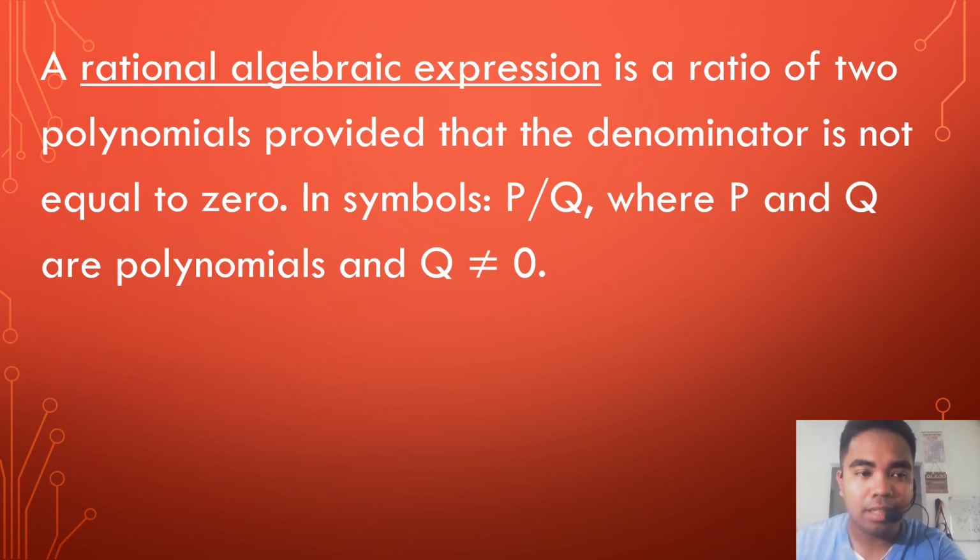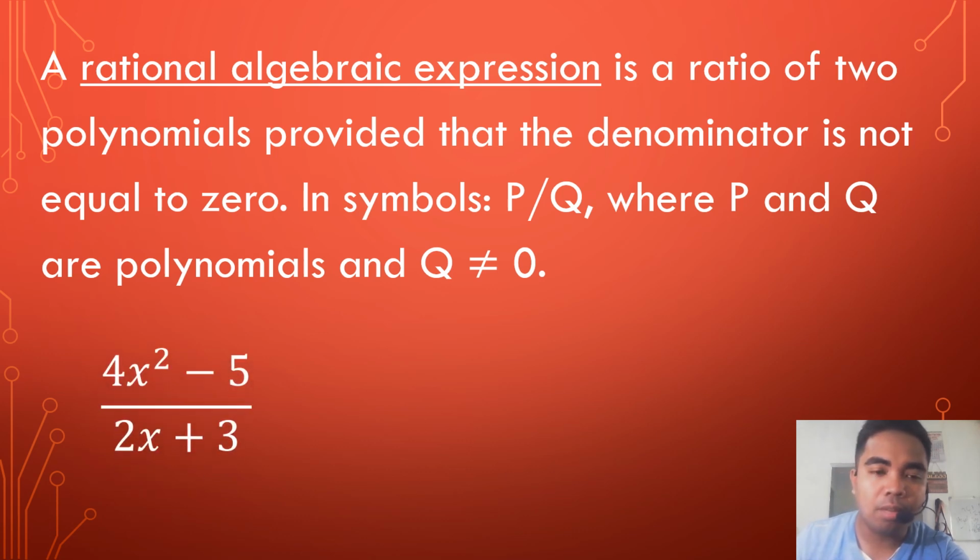Yan po ang palagi nating tandaan to easily identify if the certain expression is rational or not rational. So, in symbols, we have P over Q, where P and Q are polynomials as long as Q is not equal to 0. And that is rational algebraic expression.